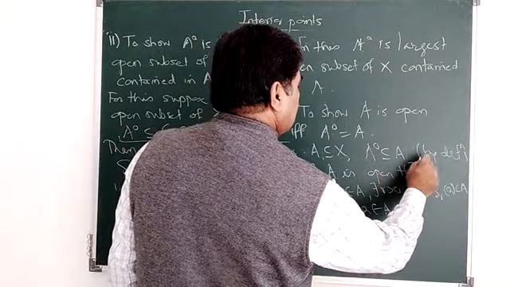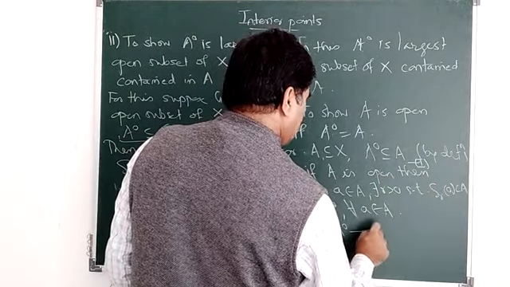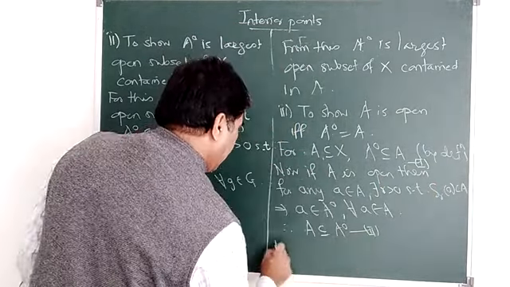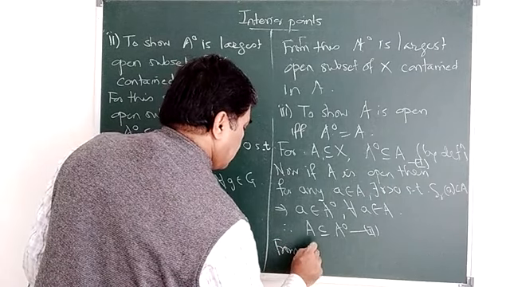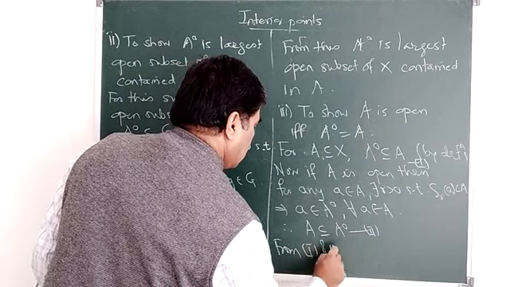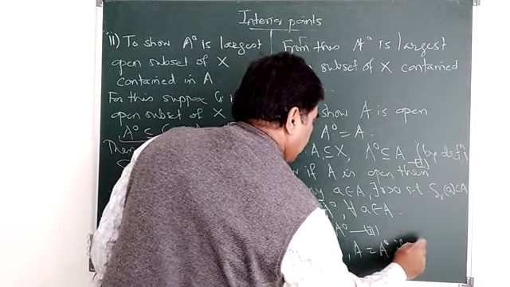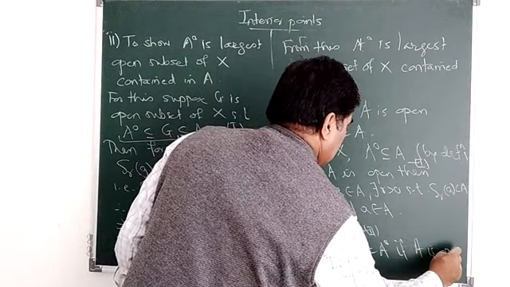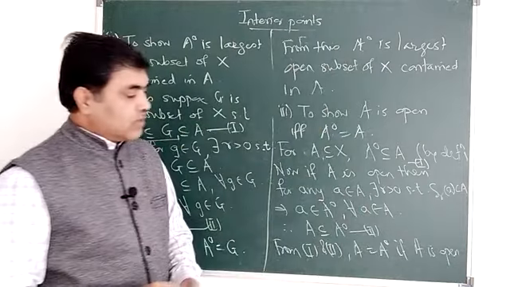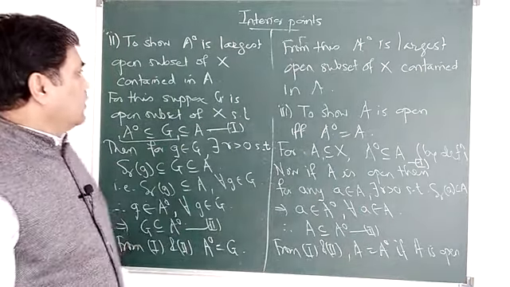So this is 1 and this is 2. From 1 and 2, A is equal to A interior if A is open.